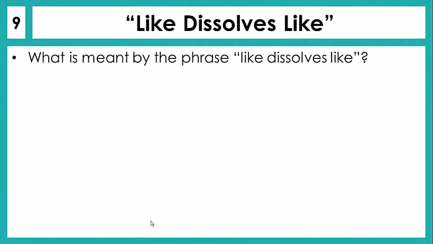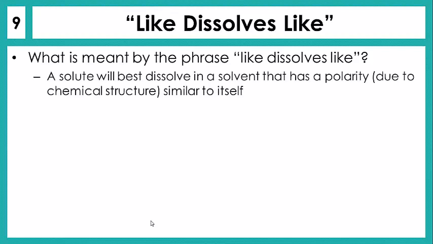Number 9 is asking about the phrase like dissolves like. This is just a rule of thumb. It's kind of an oversimplification, but it helps us to remember what will dissolve in what. A solute is going to best dissolve in a solvent that has a similar polarity to itself. And polarity is due to chemical structure.